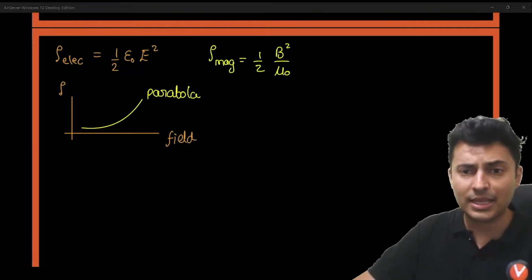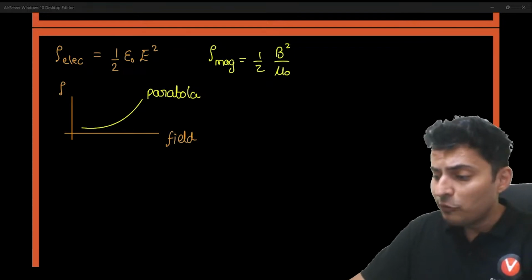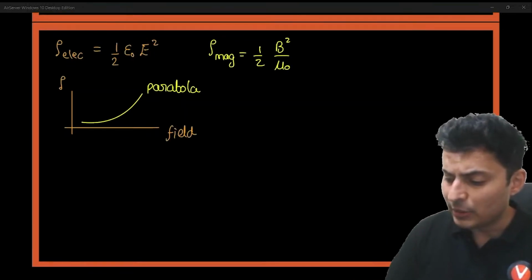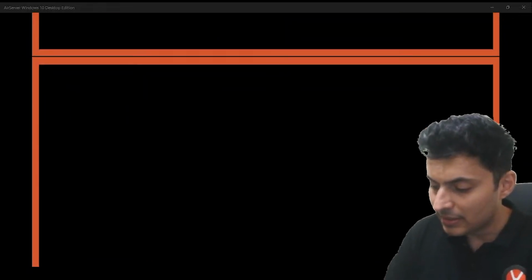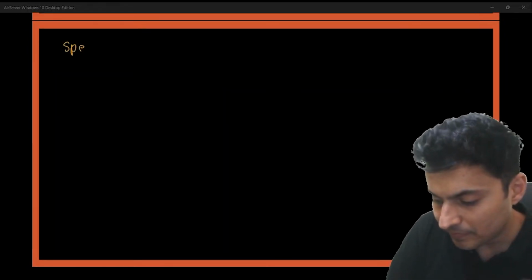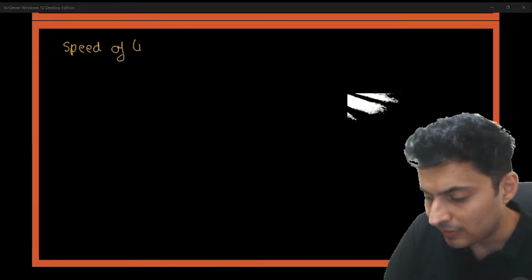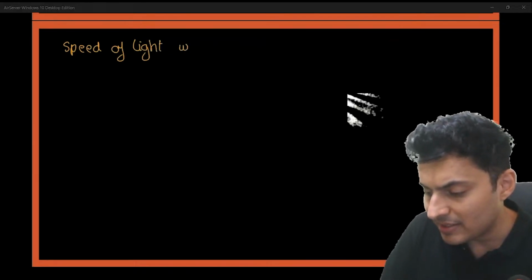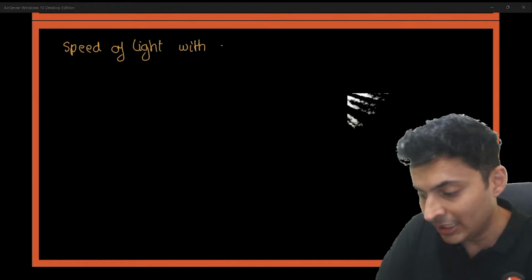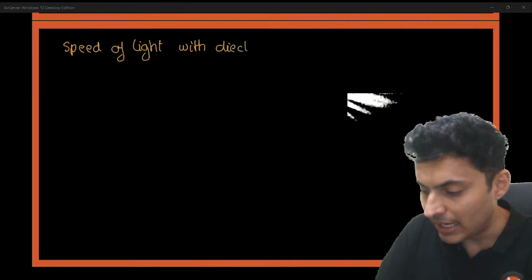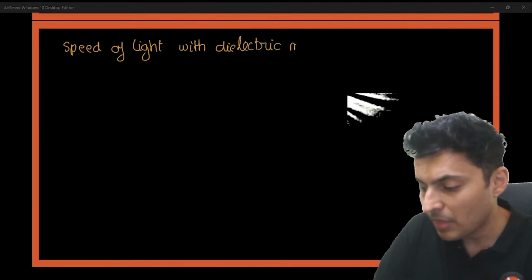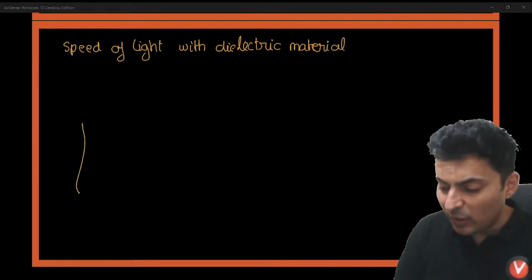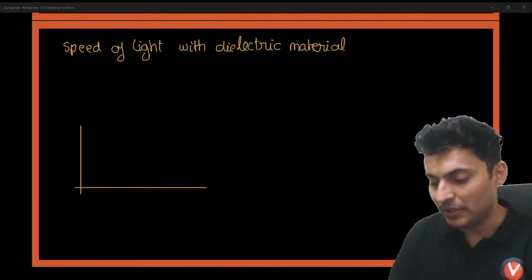Very good. Excellent. There can be one more thing which might be asked in electromagnetic waves, and that is the speed of light versus variation with dielectric material. How does the speed of light get affected because of the dielectric constant?